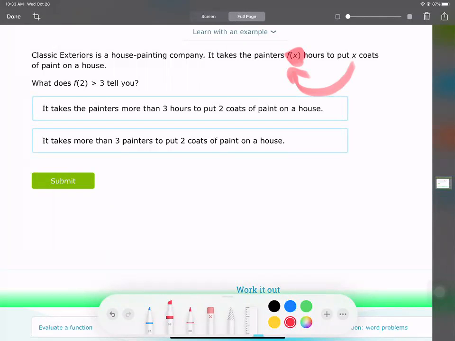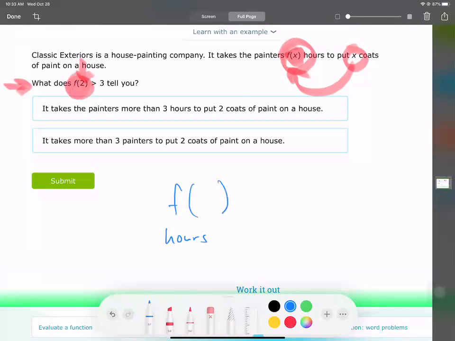Okay, so again, understand the situation. f of x is a number of hours. x is a number of coats. So here is our defining function. If I plug in 2 coats, what does f give you? f gives you hours. So f is my hours. How do I know how many hours I need to work? You need to tell me how many coats you put in.